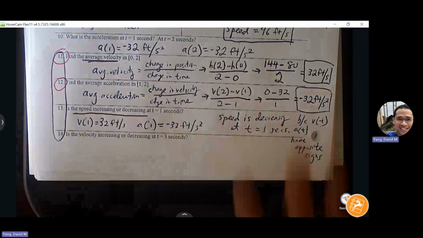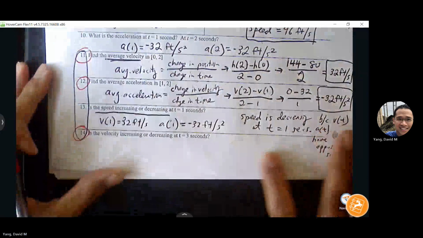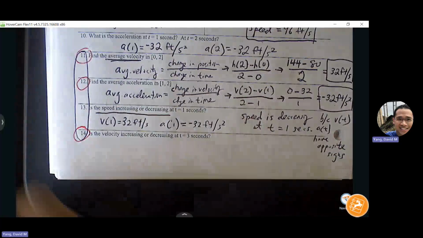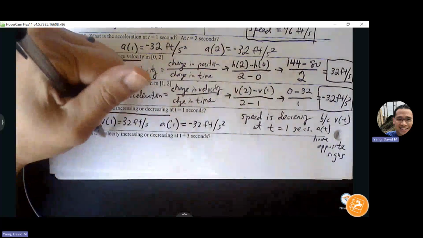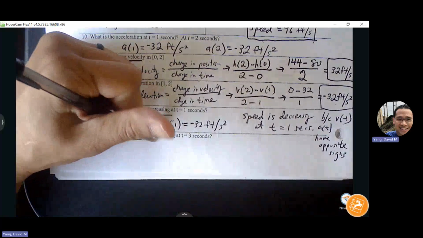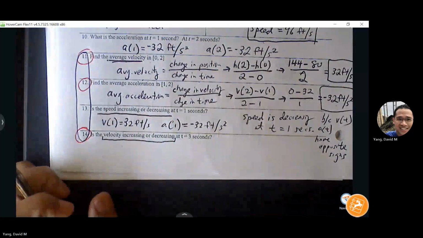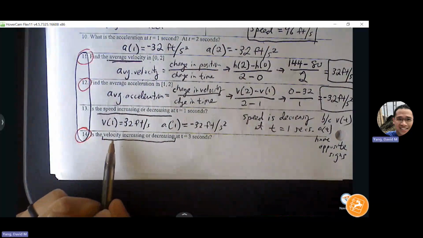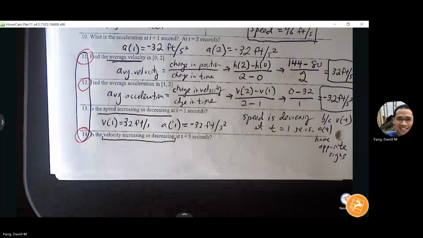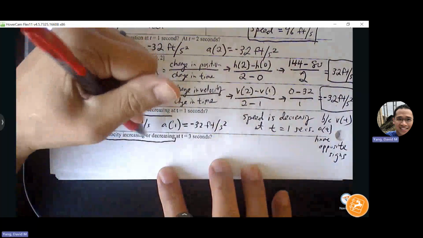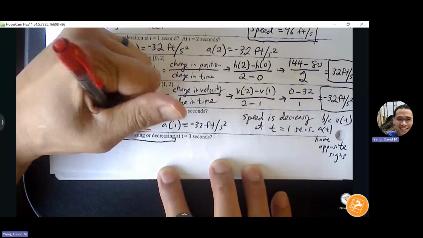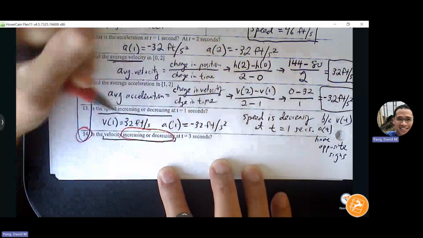Number 14 is also another troublesome one. All right, now it's asking, is the velocity increasing or decreasing? Is this talking about velocity? Well, it does say velocity, but you see this word increasing, decreasing?